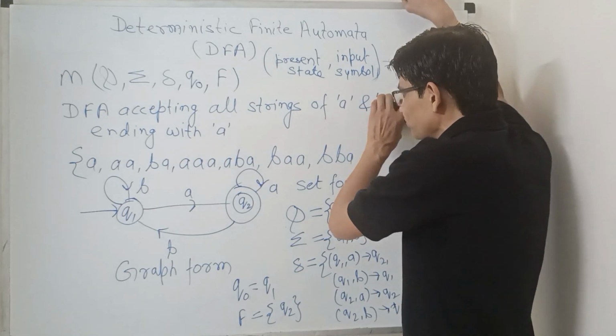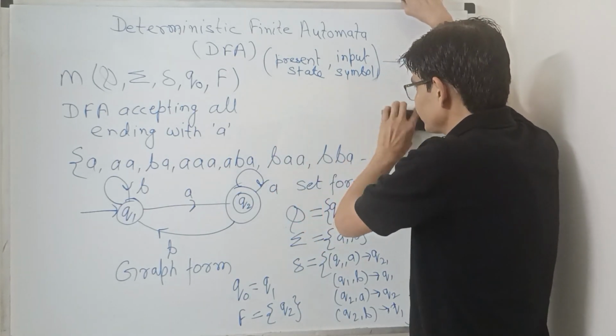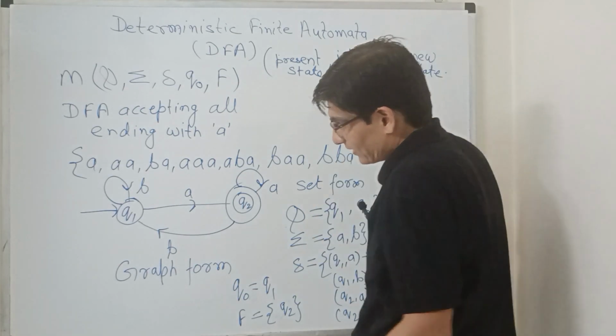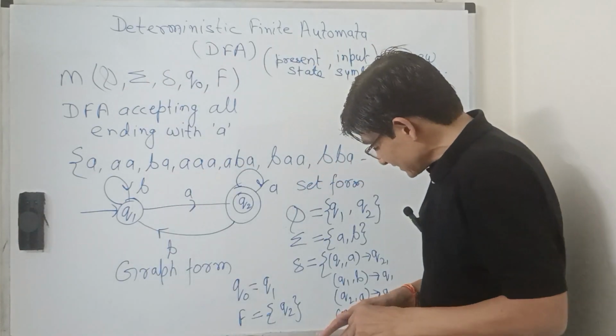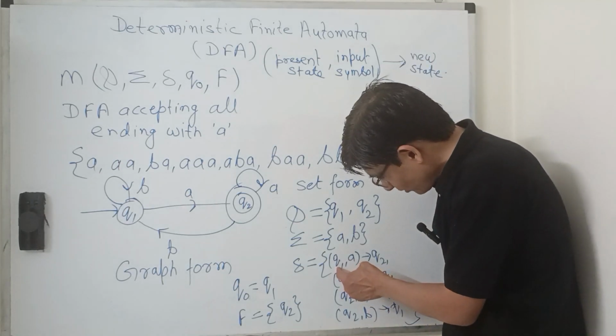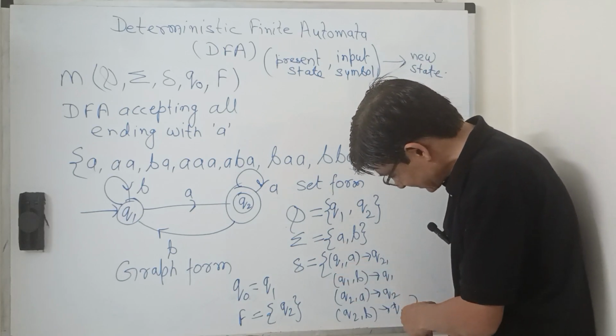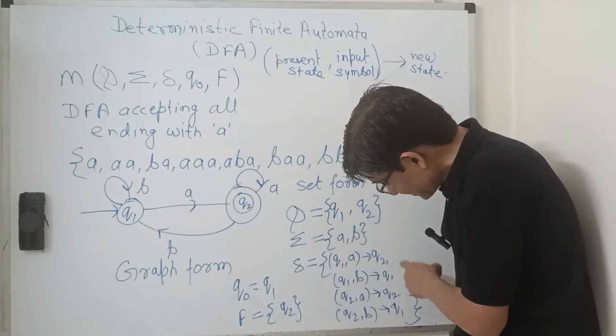Reviewing this portion: for a DFA, in all the rules, for one combination of present state and input symbol, we have only one choice on the right hand side of each transition rule.